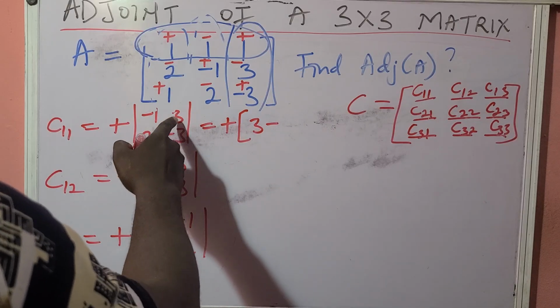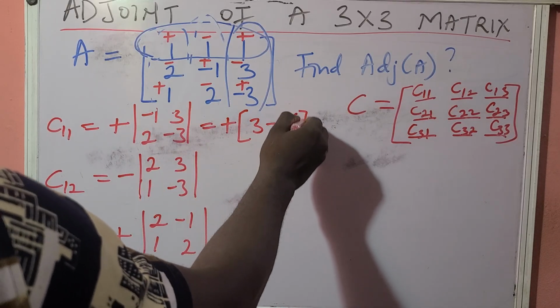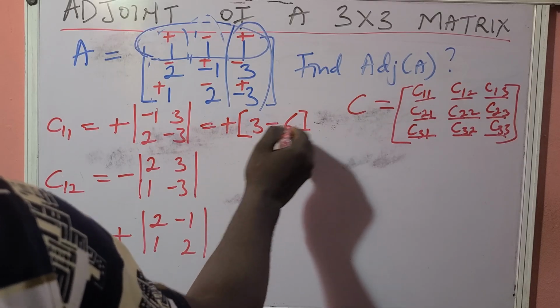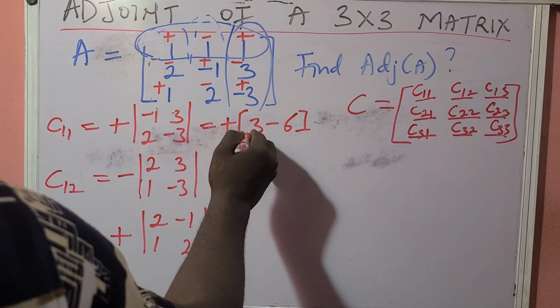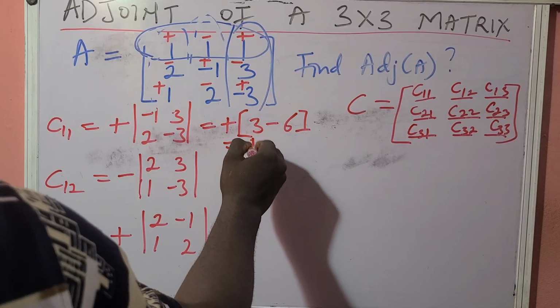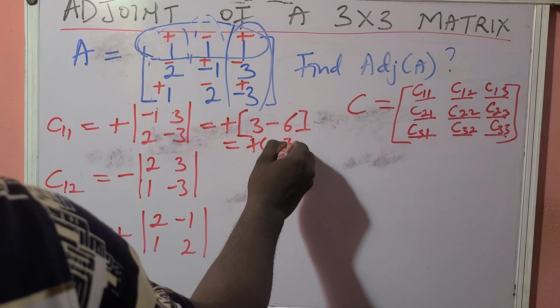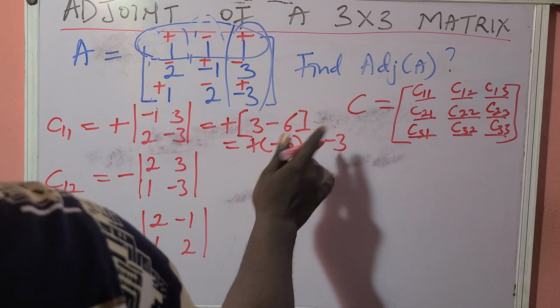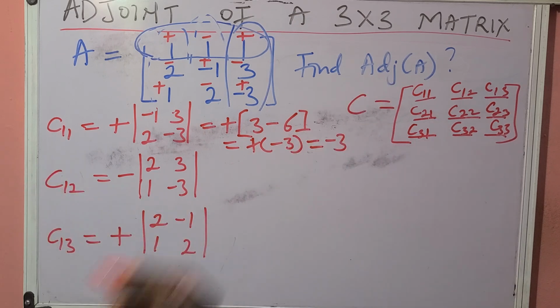Then -2 times 3, 6. This obviously will give you plus times -3, and this will be -3.